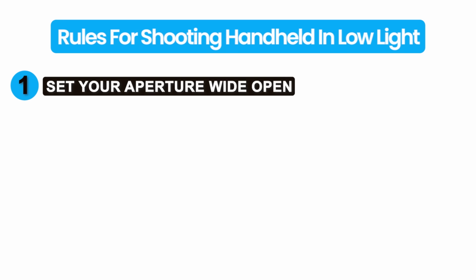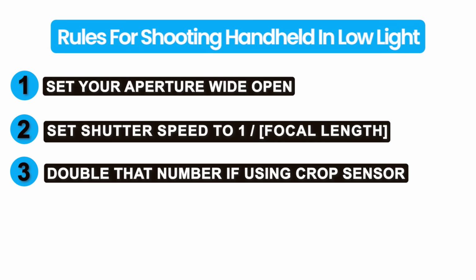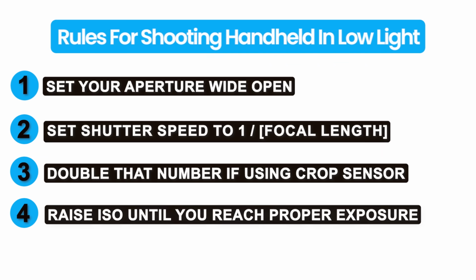All right, let's quickly recap the formula so you can take this with you the next time you're shooting. For handheld, set your aperture wide open, set your shutter speed to 1 over your focal length at the slowest, double that number if you're on a crop sensor, then raise your ISO until you're properly exposed on the light meter or histogram. Take a test shot, check your sharpness, and then adjust any settings from there.